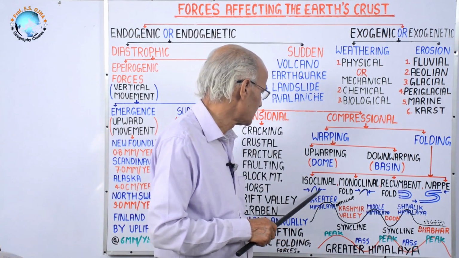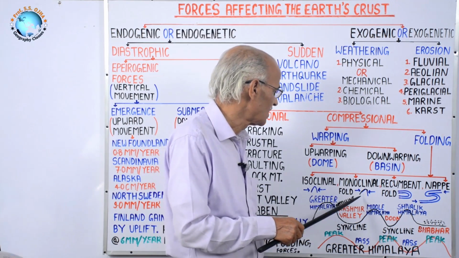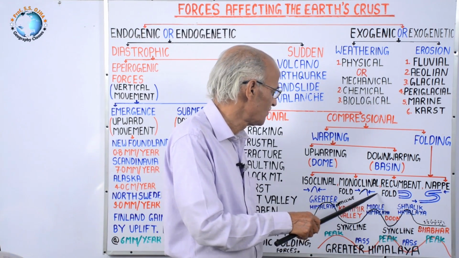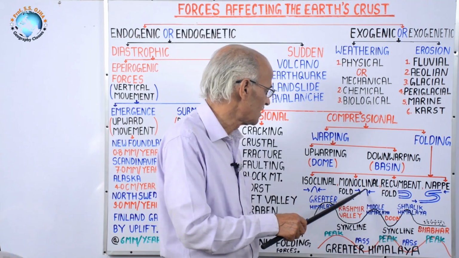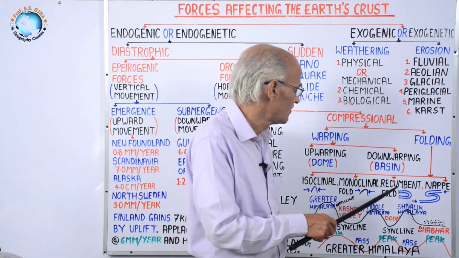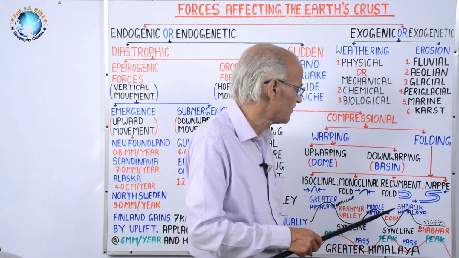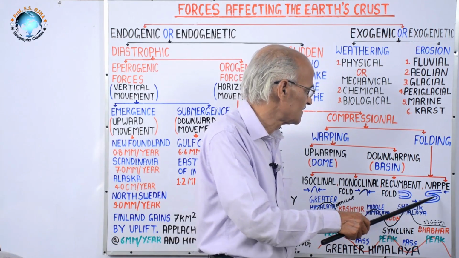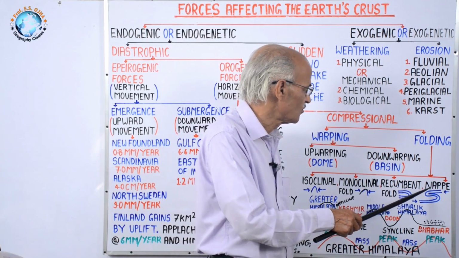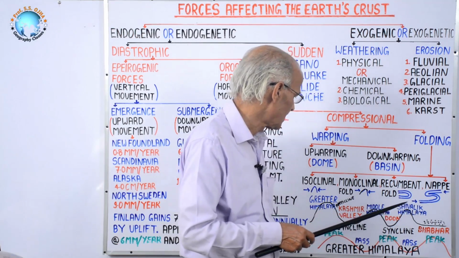This is isoclinal fold, both the slopes are equal. Monoclinal fold, one slope is steep from which force is maximum and the opposite slope is gentle, and if force is too much, then this is called recumbent fold, and if the fold is beyond the need, then the folds are broken and thrown away, which are called nappe.